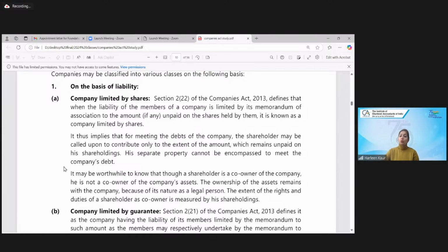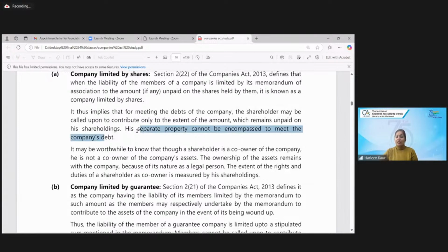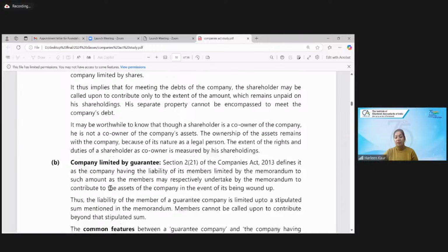Winding up means when you're closing the company, then also you can be asked to pay the liability. So when can you ask the shareholders? Either during the continuation of the company or during the winding up of the company.